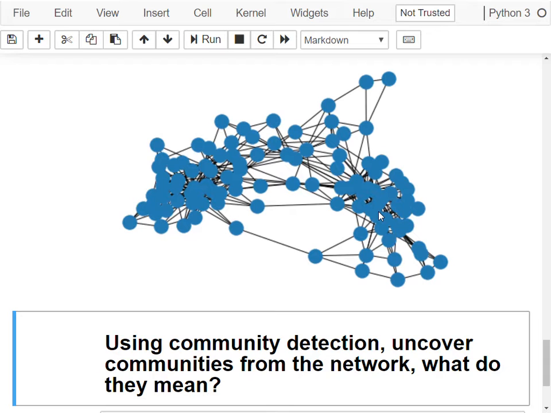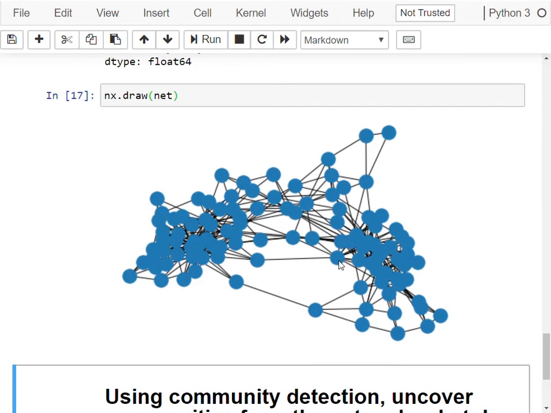Already we are seeing something interesting here. What are these books? And what are these books? And what are the books that are in the middle? One way to look at what they mean is to actually probe the identity of these nodes, either by plotting labels or by plotting some IDs and checking against the data.